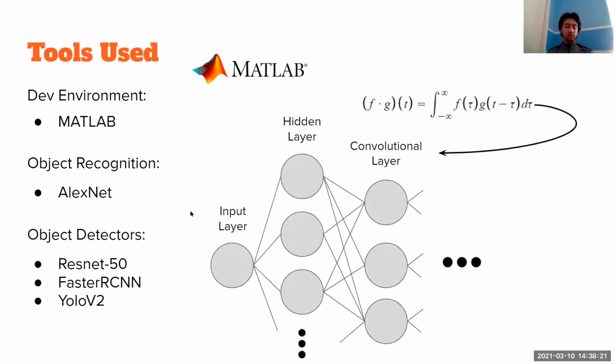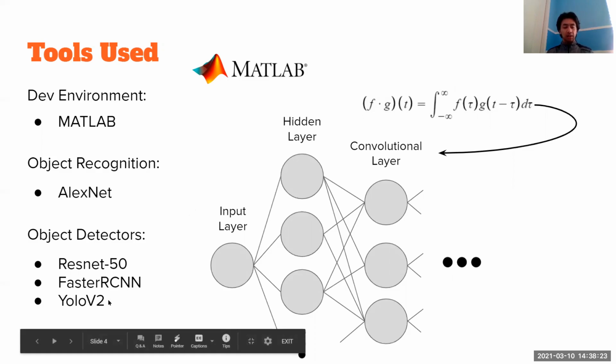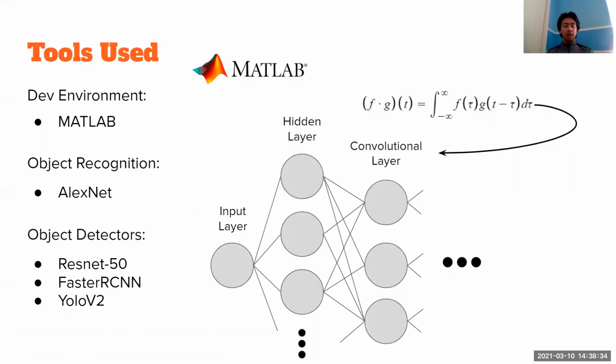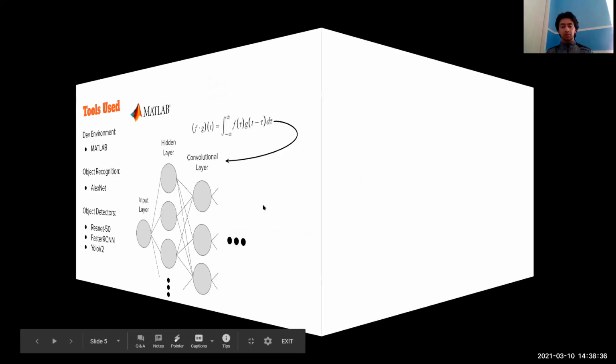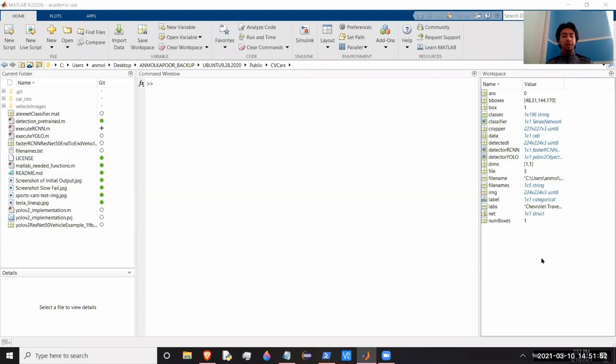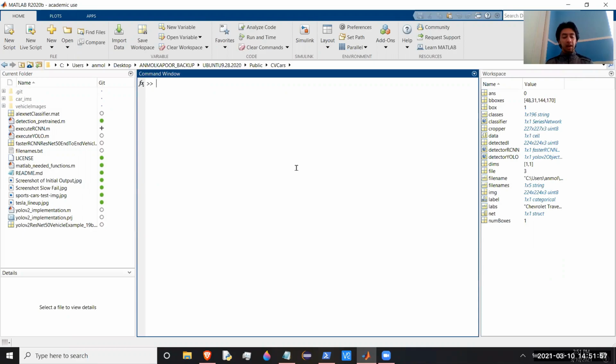Two object detectors that I also used were Faster RCNN and YOLO V2. Both are powerful, but different in their own ways. The MATLAB console is very intuitive, but at times it can be a bit confusing to handle. To make things simpler, I created two commands, execute RCNN and execute YOLO, with their respective detection networks.